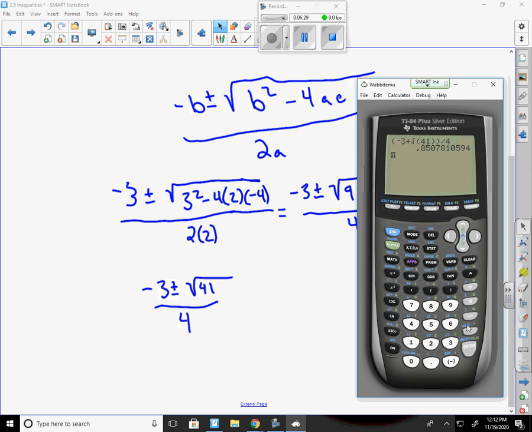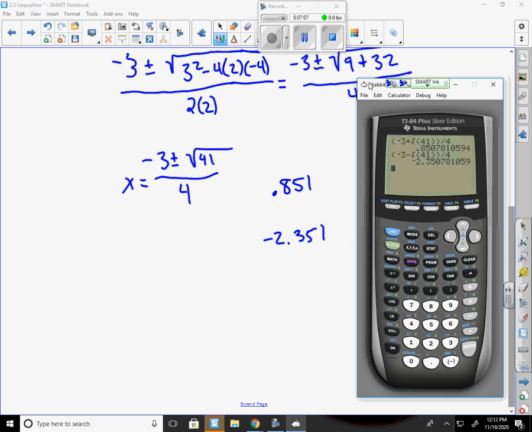And then if I switch this to a minus, it gives us our other answer, negative 2.351. So those would be our zeros of the function, or where y equals 0. Which we already found from the last half, right?